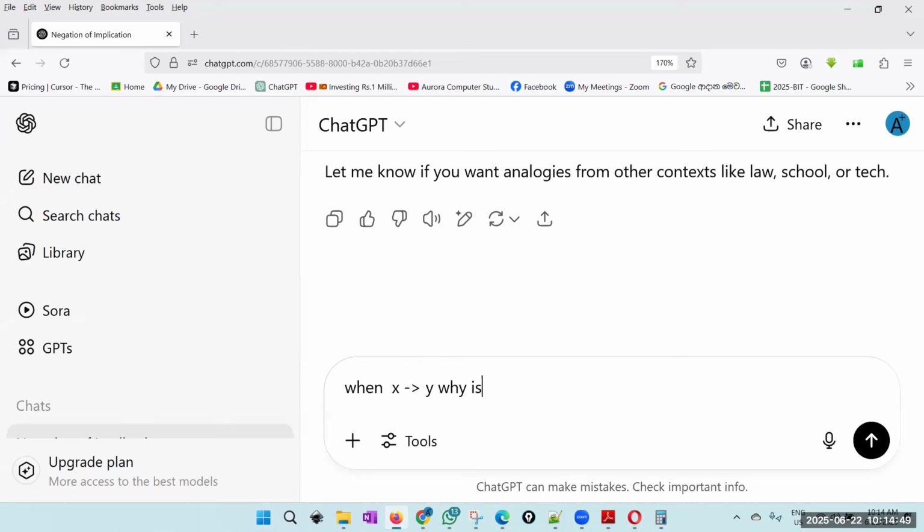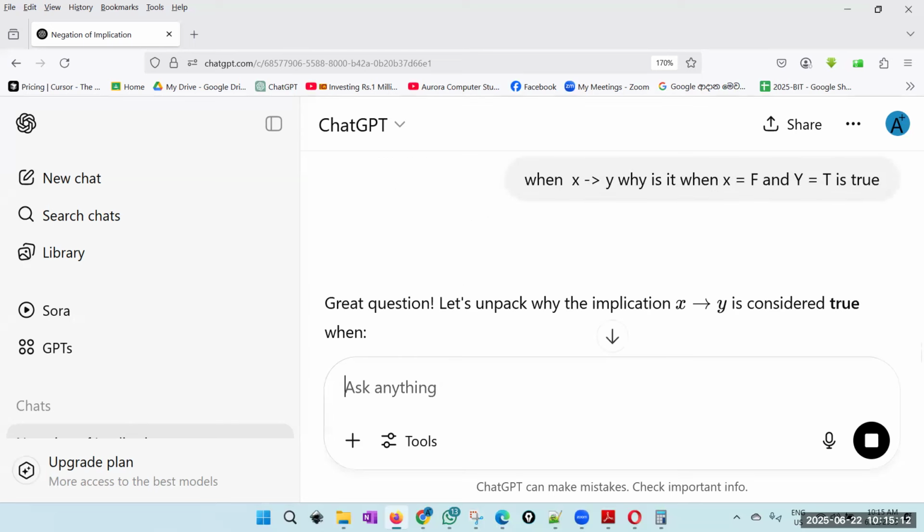Why is it when X equals false and Y equals true is true? Anyway, at the end of the day, when X is false, our condition is not challenged. Okay.